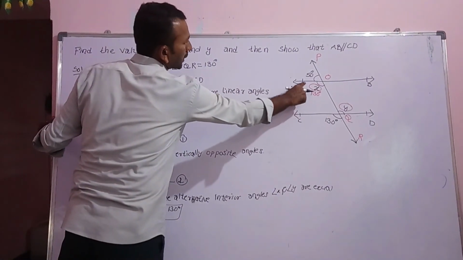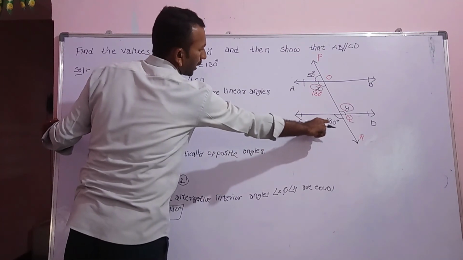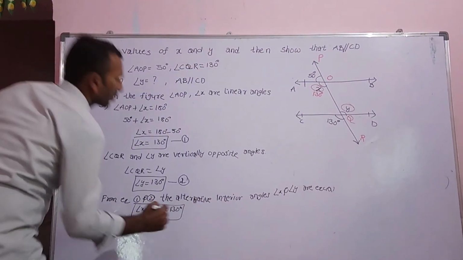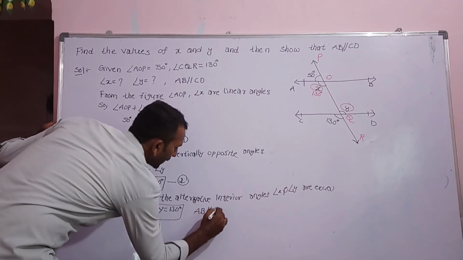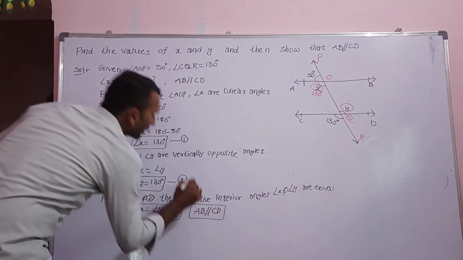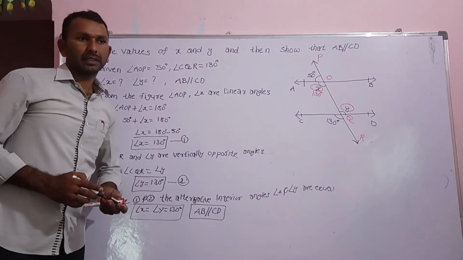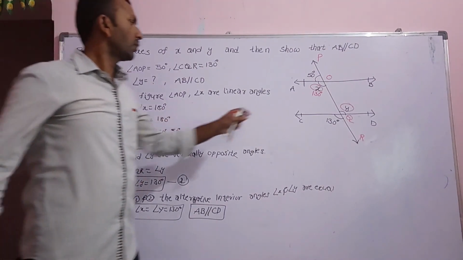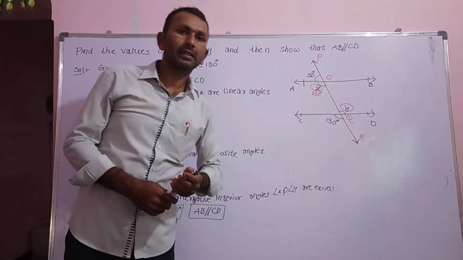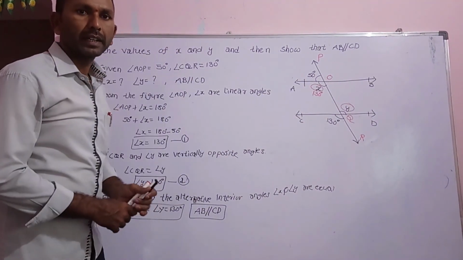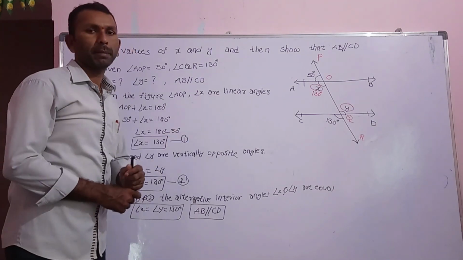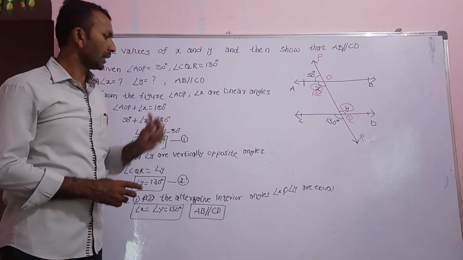Angle x is on the line AB and angle y is on the line CD, so both lines AB and CD are parallel to each other. If the alternate interior angles are equal, then both lines are parallel. This is the one.